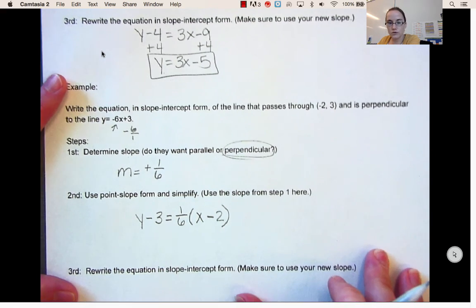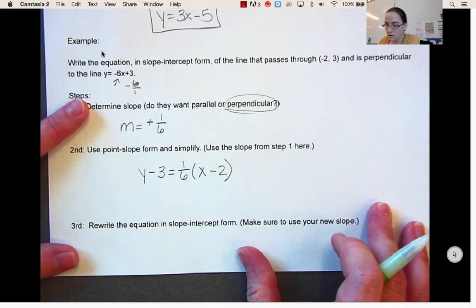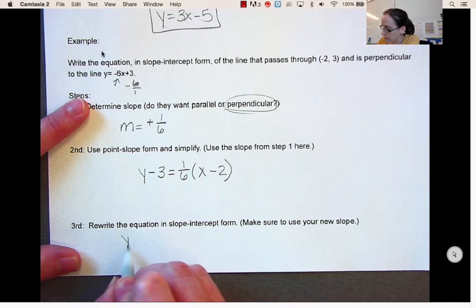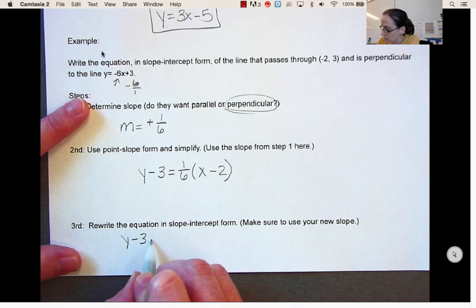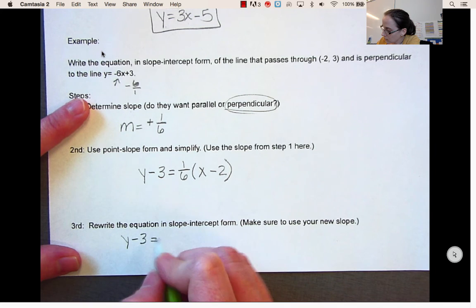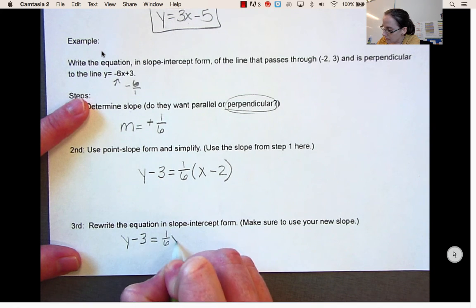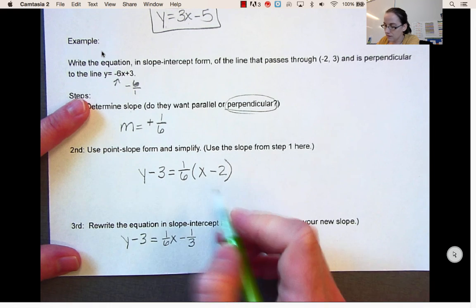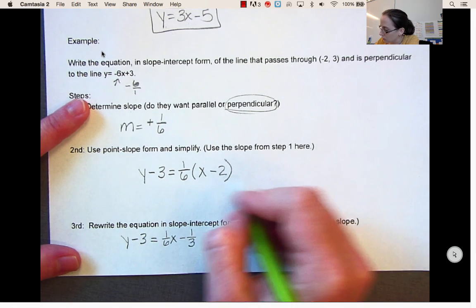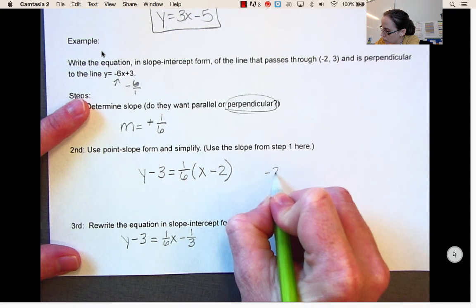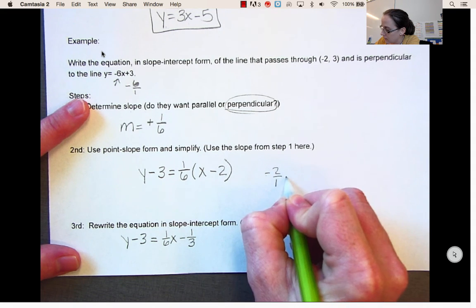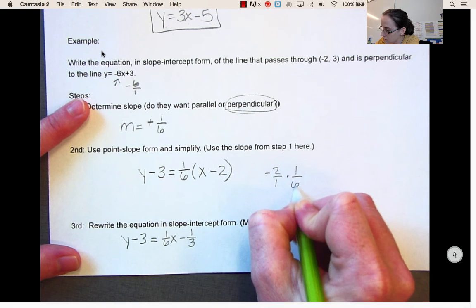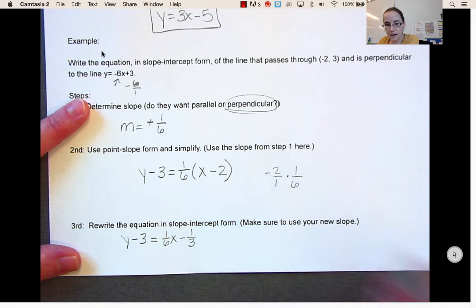Now you're going to have to do your fraction stuff in this. Y minus 3 equals 1/6x, distributed in, minus 1/3, or that's if I simplified it, because -2/1 times 1/6 is -2/6, but I simplified.